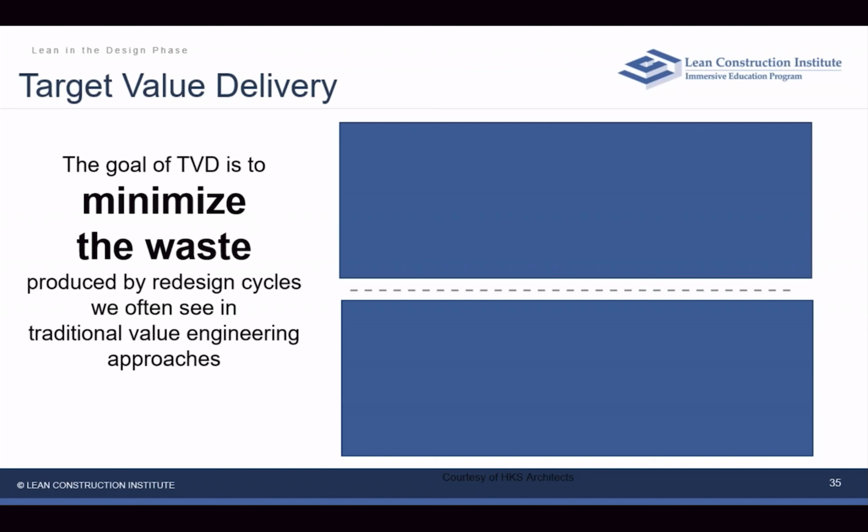There's a whole lot more to this concept, and there's actually another LCI course devoted to target value delivery where people take a deeper dive, and it's really getting expanded, and there are a lot of folks contributing to this knowledge base.